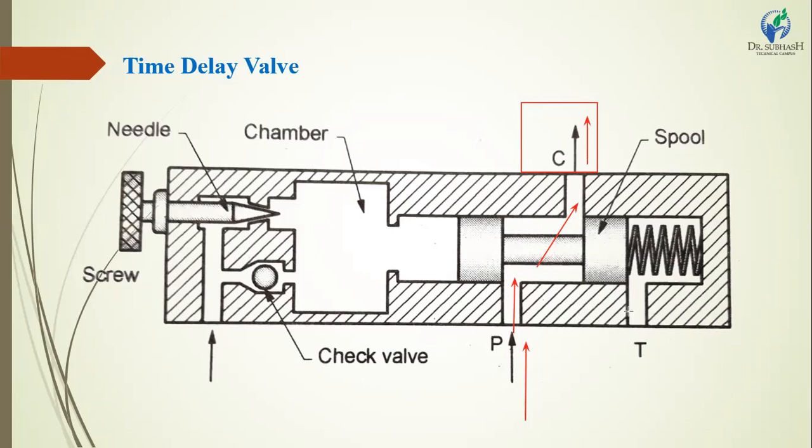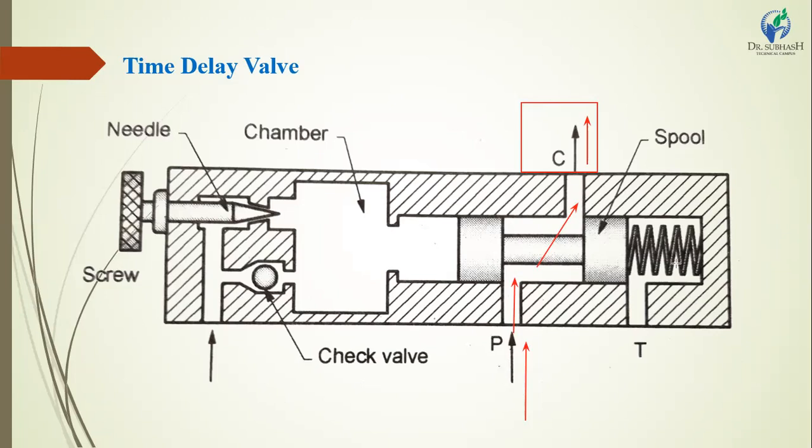This valve is used to provide the required amount of time delay between two operations. For example, a cylinder extends first, meaning hydraulic oil passes from port P to C, and it retracts automatically after the preset amount of time.